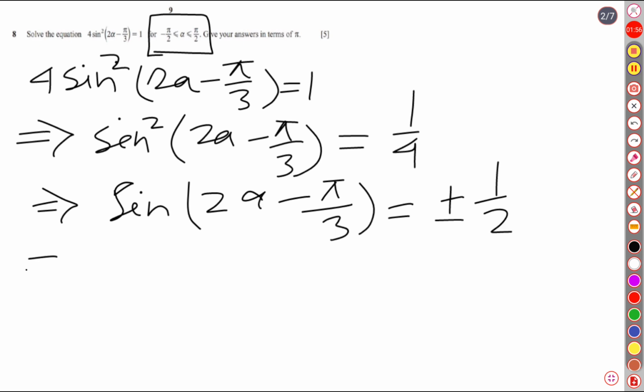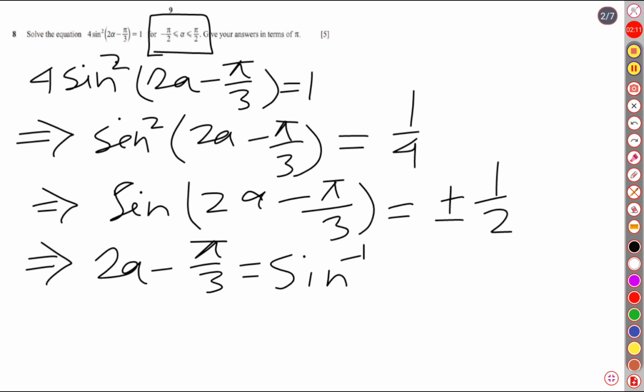Then our root is going to be twice alpha minus pi over 3 is equal to, if sine is transposed to the right side, it is going to be inverse. So sine inverse of plus minus half. Well, now we will have to define our domain, because this is not simple.